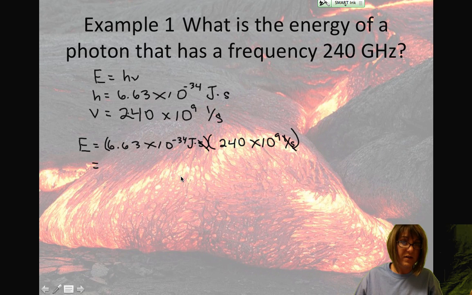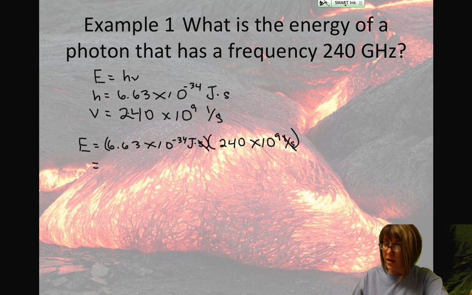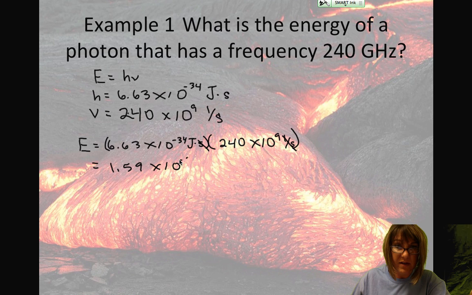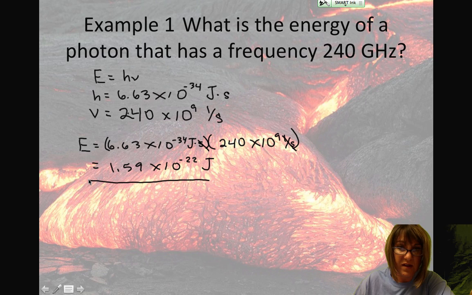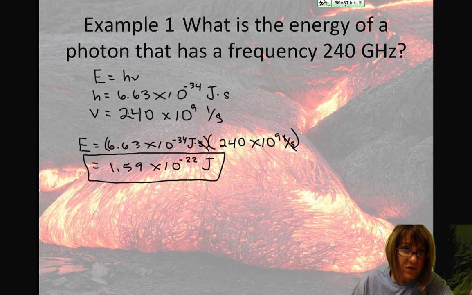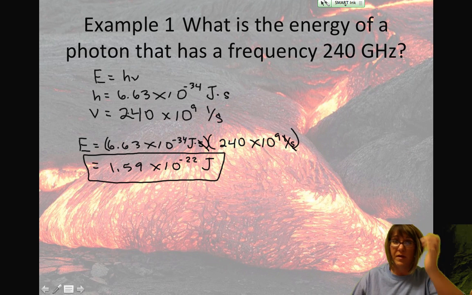Remember how to use scientific notation? We're going to use the E button on the calculator, and I get this number, 1.59 times 10 to the minus 22 joules. It makes sense that energy should have units of joules, and 10 to the negative 22 joules is not a great amount of energy, it seems. But it's just one single photon, right? And so a beam of light would have billions of photons in it.